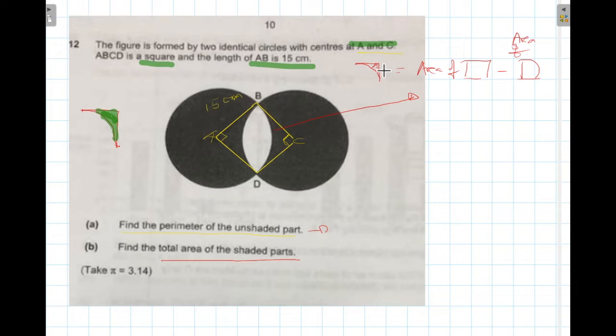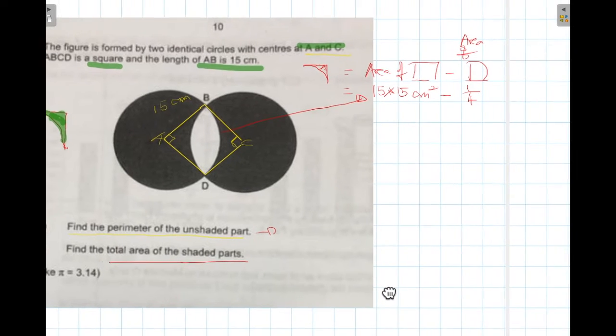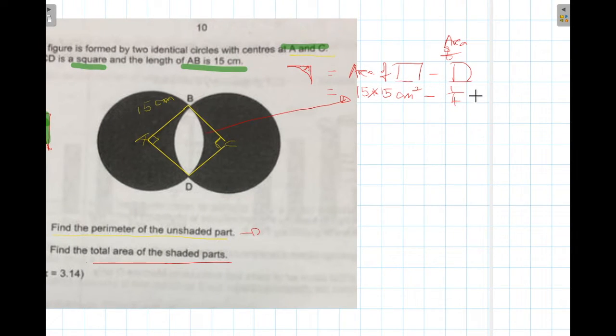The area of the square, you know that it is 15, so it's 15 times 15 centimeter squared, minus the area of a quarter circle, which is 1 over 4 times pi r squared. So 15 times 15, punched into the calculator, is 225 centimeter squared, minus 1 over 4.